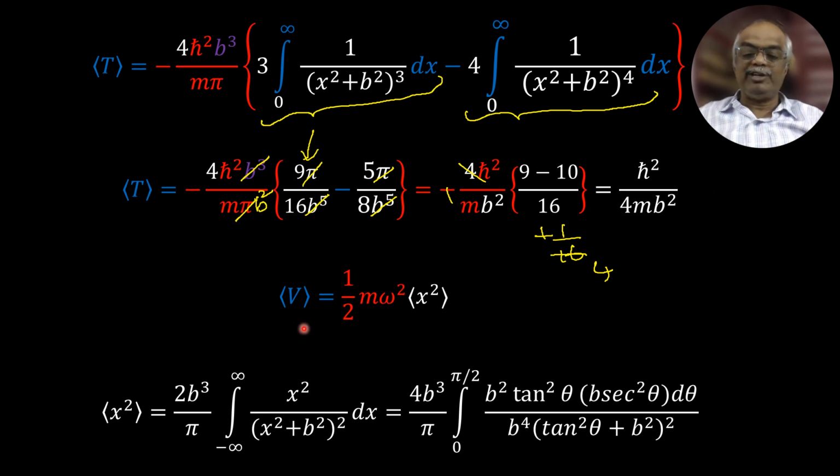Now we have to find the potential energy. By definition, the potential energy of the harmonic oscillator is half m omega squared multiplied by the expectation value of x squared.